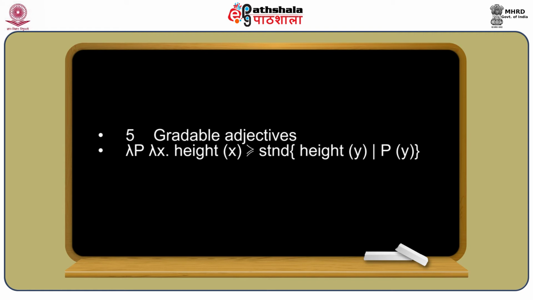Lambda p, lambda x, x has a height, and there's a standard height for the property p that we have written like this. Here, stnd picks out an appropriate value from the set of heights that are got by applying the height function to the individuals in the denotation of the noun.